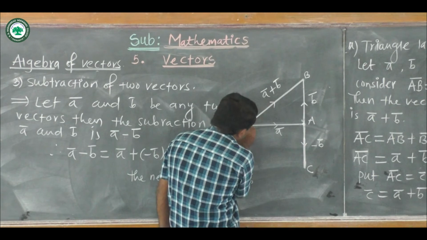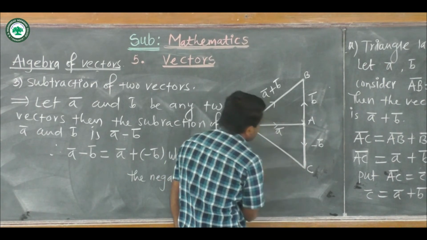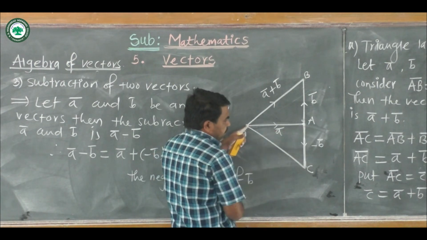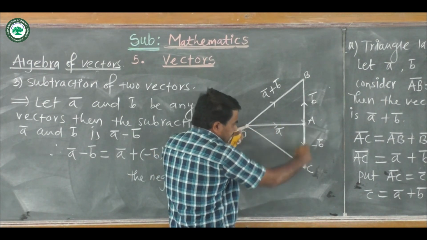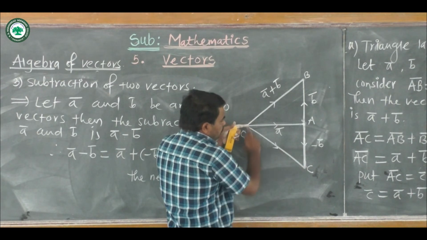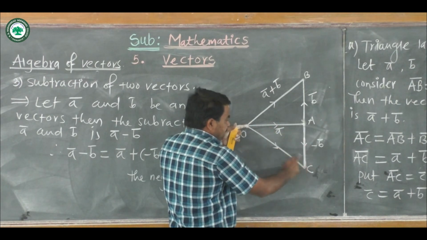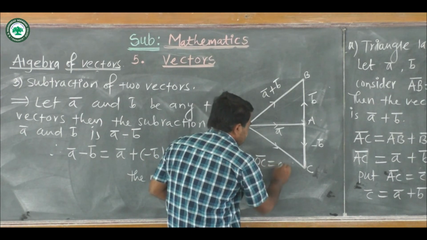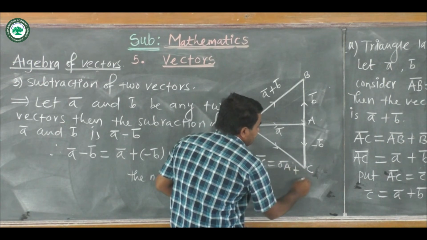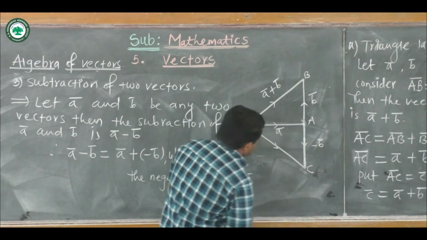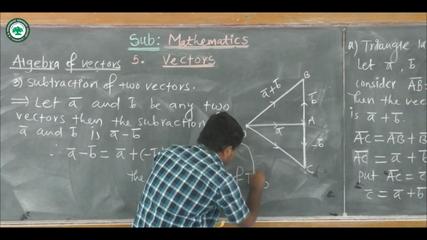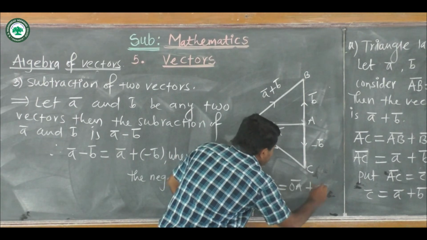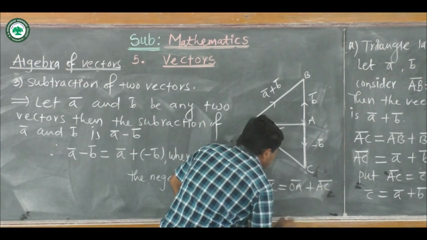If I join OC, then use the triangle law again in the triangle OAC. What is OA bar plus AC bar? It is OC bar. So OC bar is equal to OA bar plus AC bar, and what is OA bar?